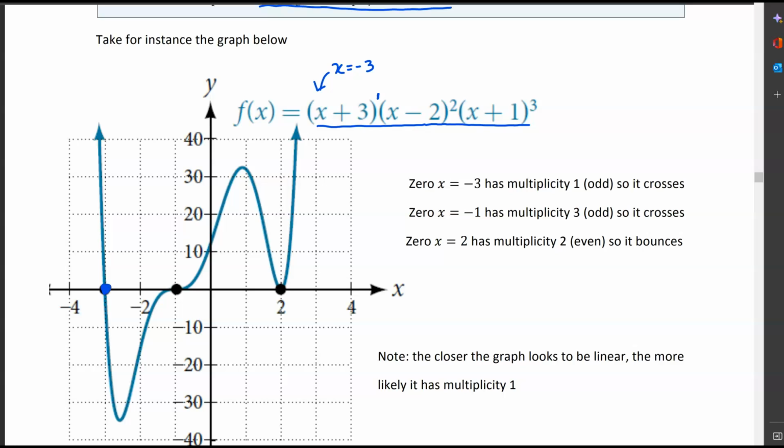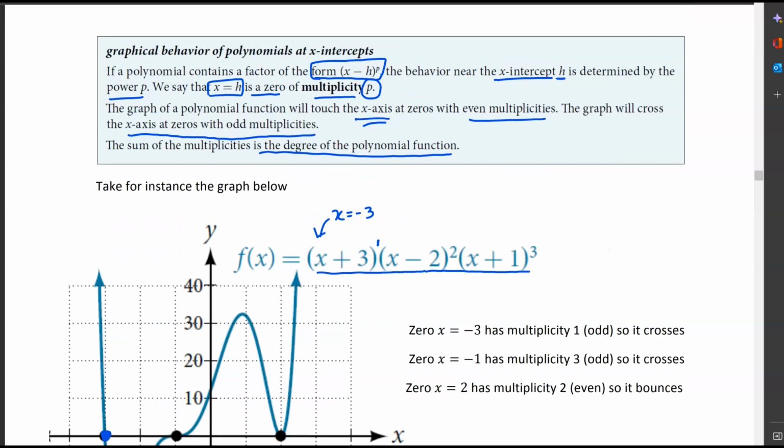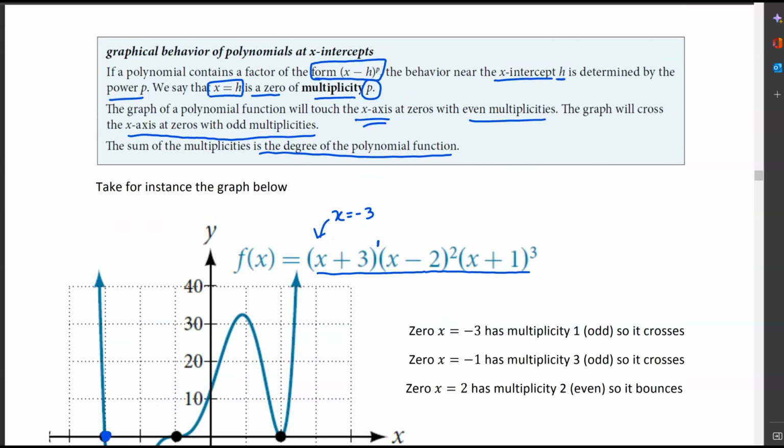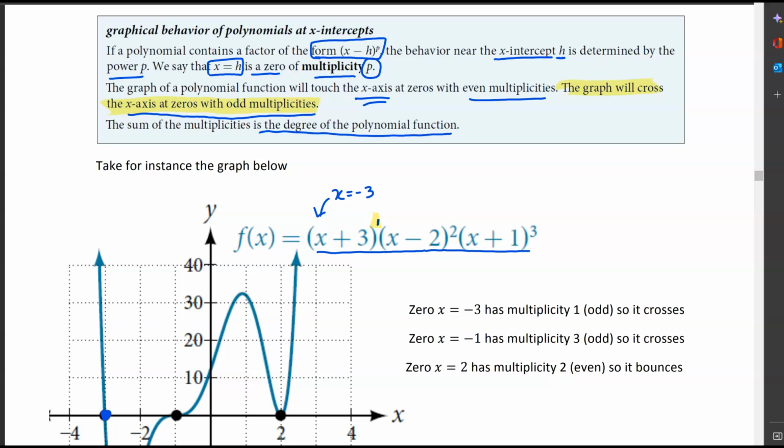Because it is an odd multiplicity, the graph will cross the x-axis at a zero with odd multiplicity. Notice how it is crossing the graph going downwards here.